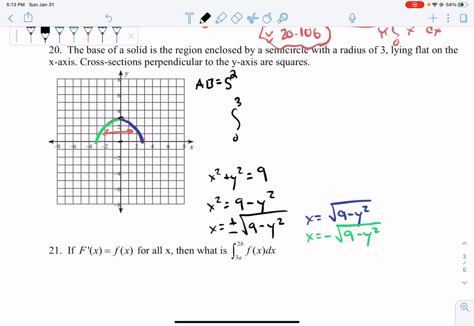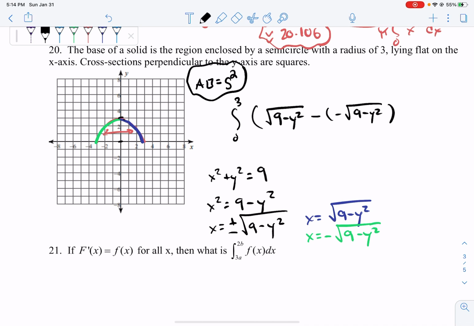So I'm going from 0 to 3. And I need to use my s squared function. So I need the length of my side. Well, the length of my side is my right curve, so root of 9 minus y squared, minus my left curve, so minus negative root of 9 minus y squared.